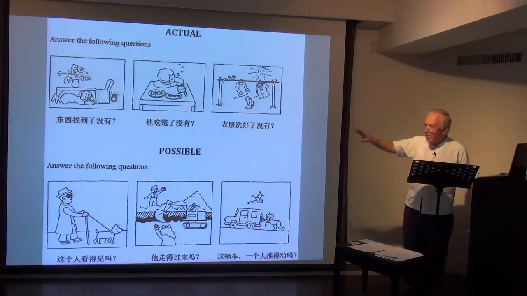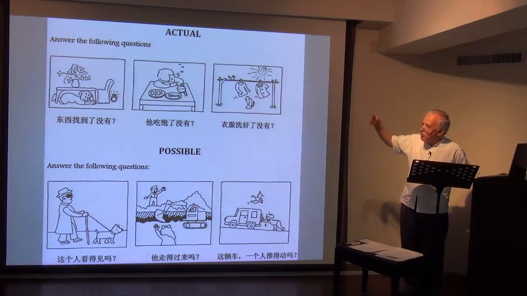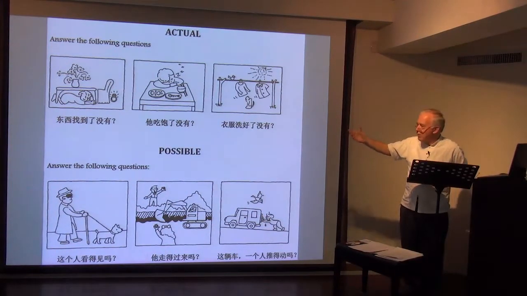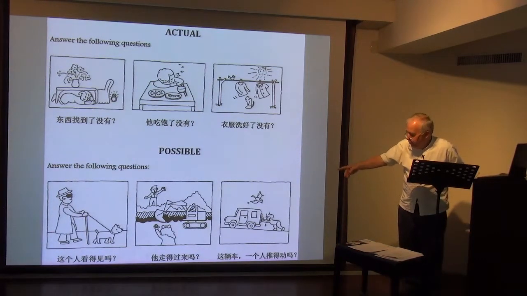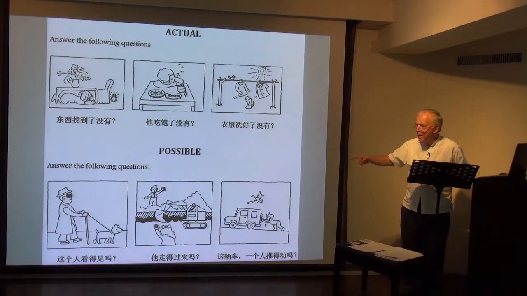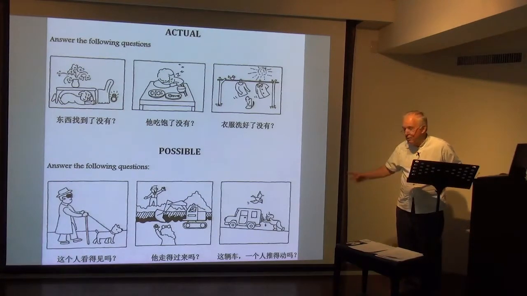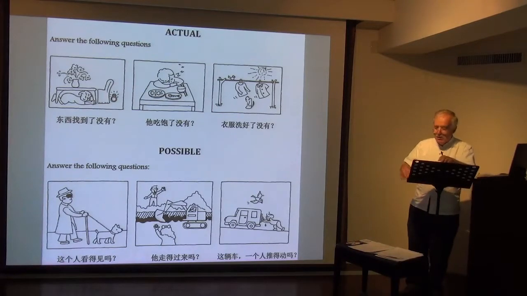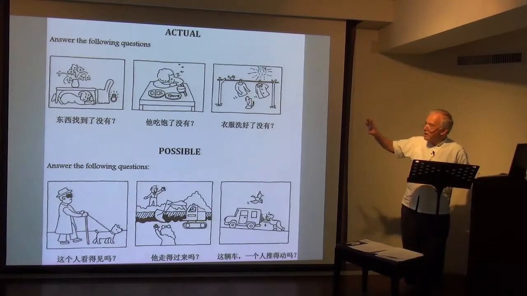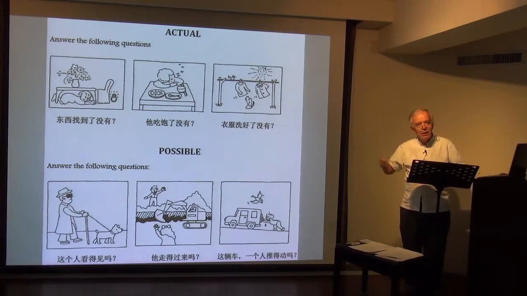Although I think actually it'd be better if the resultative verb wasn't there and the student had to think which is the appropriate resultative verb. 衣服洗好了没有？And then the possible form. 这个人看得见吗？And obviously the answer, 看不见。他走得过来吗？Oh no, 走不过来。这辆车一个人推得动吗？好像推得不太动。So using pictures for the student to either answer the questions or to fill in the appropriate resultative verb ending is helpful.